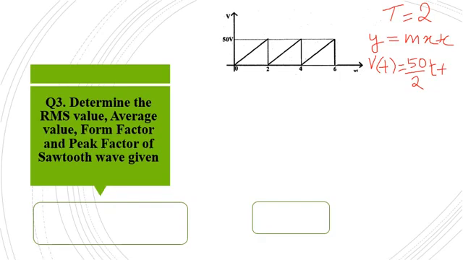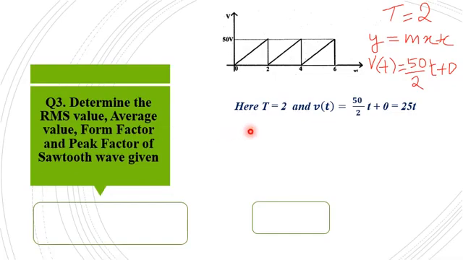Y-intercept is the value on the y-axis through which the line is passing. So here we can see that the line is passing through the origin, or the value on the y-axis is 0. So we get the equation of the voltage waveform V of t as 25t.